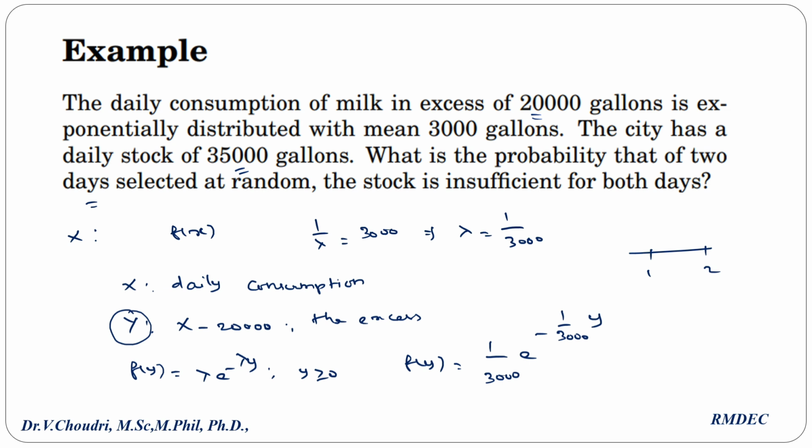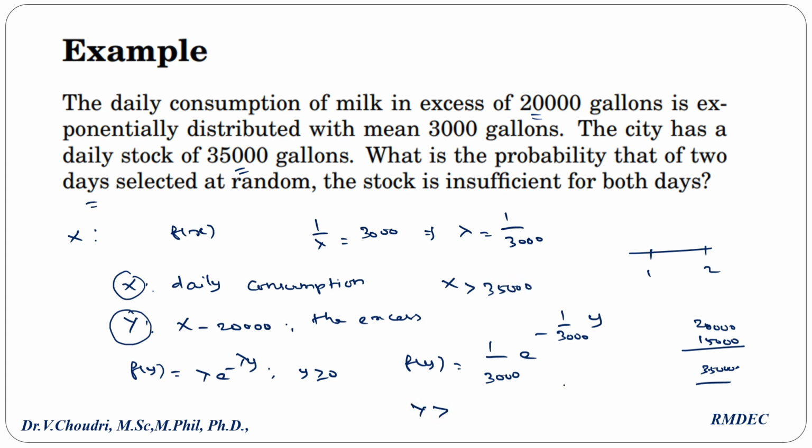The stock is insufficient when daily consumption x is greater than 35,000.